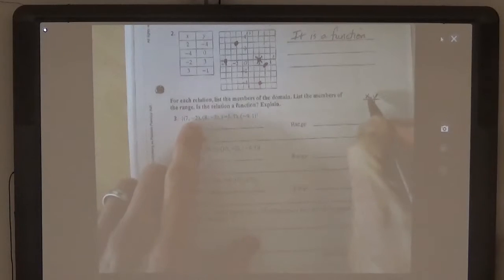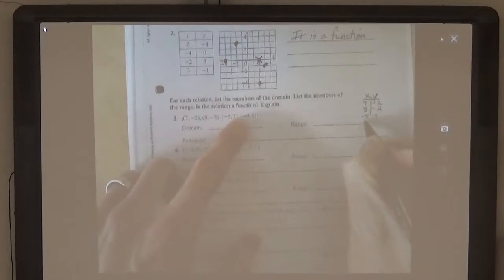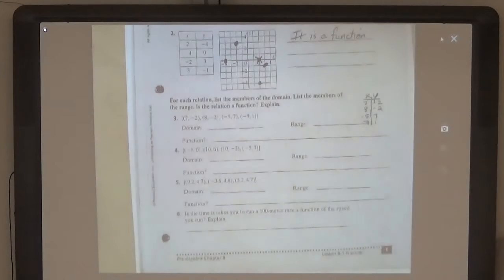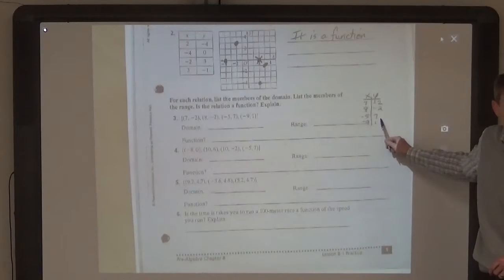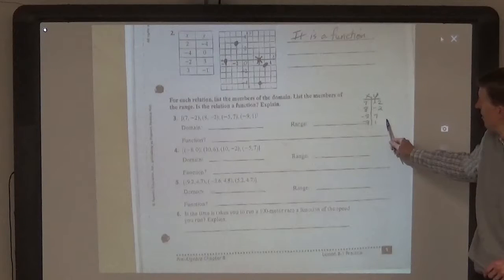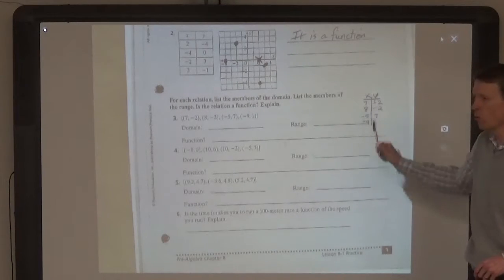Well, you could just list them. 7, -2, 8, -2, -5, 7, -9, 1. Now notice that all of the x values are different. None of the x values have more than one y value.